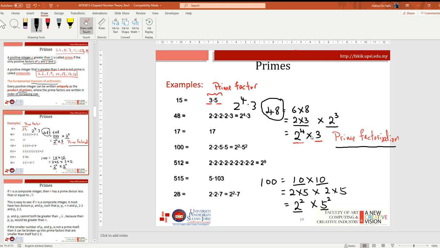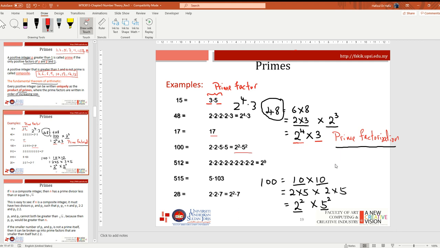Prime factorization is a way of expressing a number as a product of its prime factors. A prime number is a number that has exactly two factors, 1 and itself. For example, 17 is 17, and if we have 100, the prime factorization is 2 to the power of 2 multiplied by 5 to the power of 2.